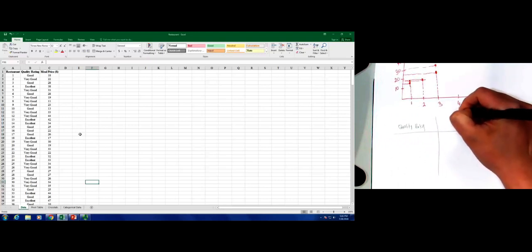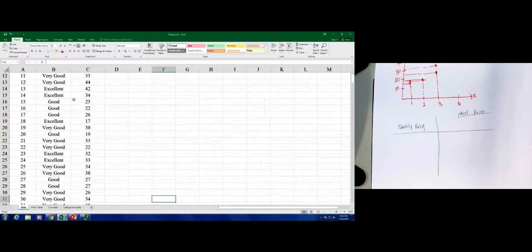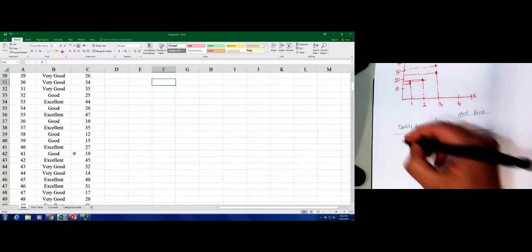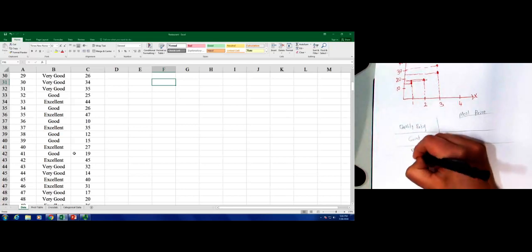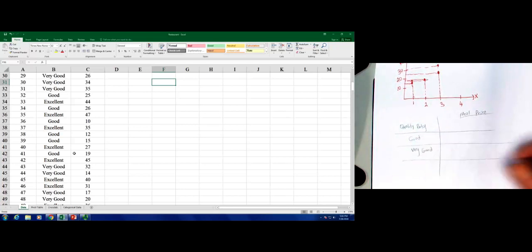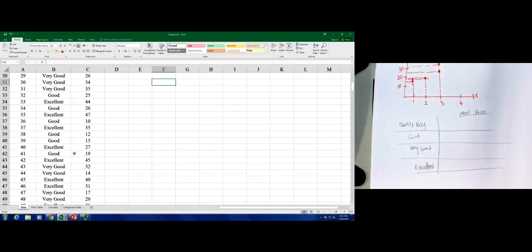How many different quality ratings do we have? We have good, very good, excellent. And the meal price, now the meal price is quantitative.